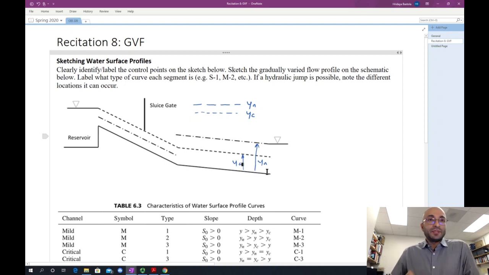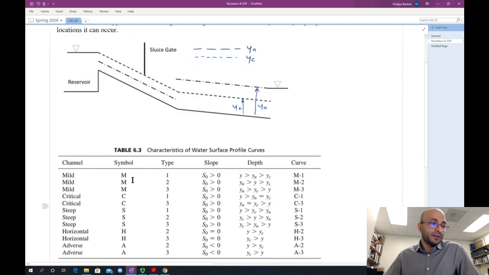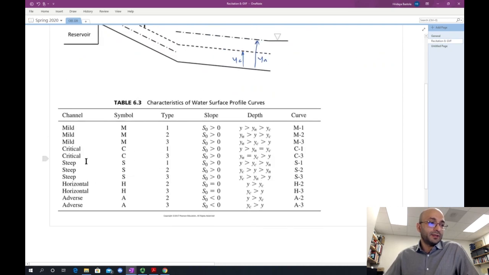And before we start sketching, it is important that we take a quick look at what all these different surface profile curves are and what they mean. So I've copied table 6.3 from your textbook.